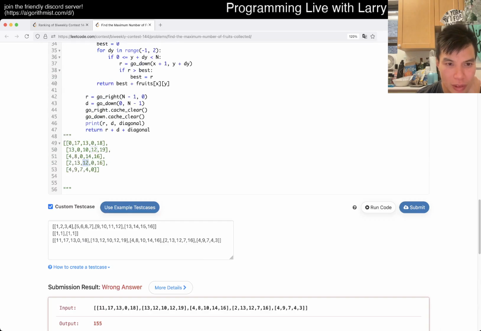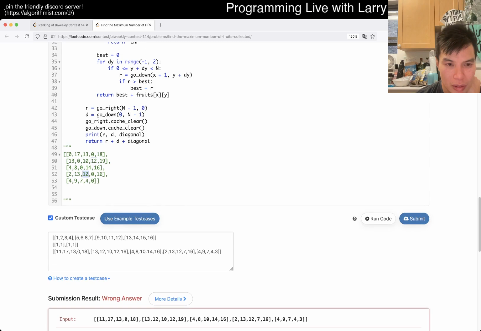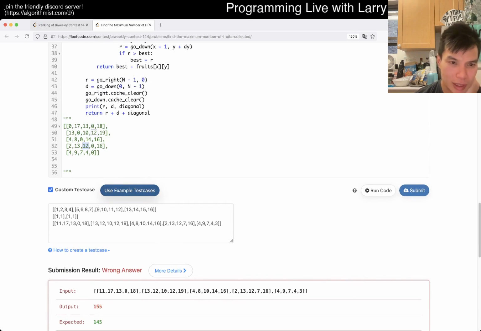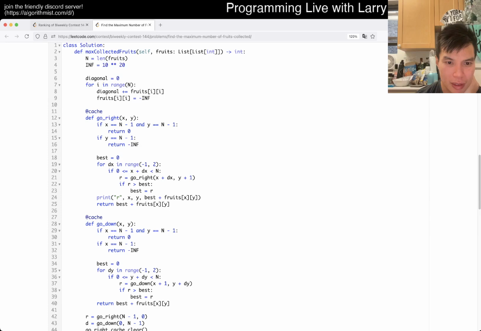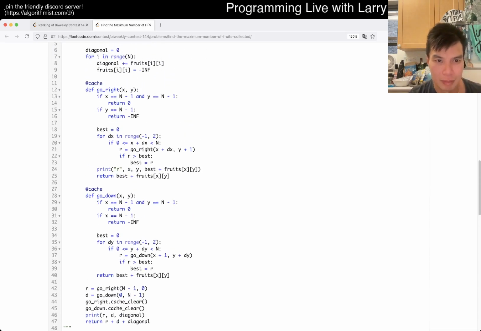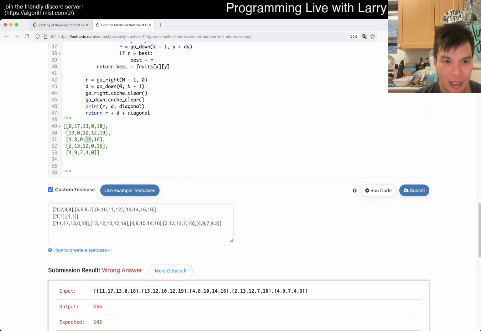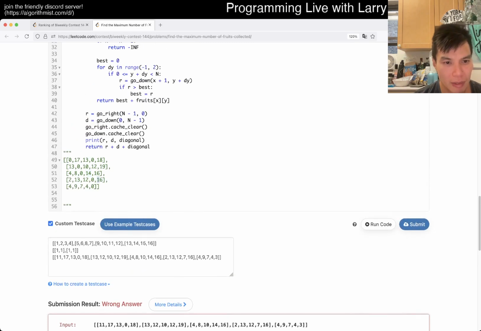Oh. 3, 2 is 26 because it's 14 plus 12 plus 14. But why? Because it cannot get to n minus 1, right?